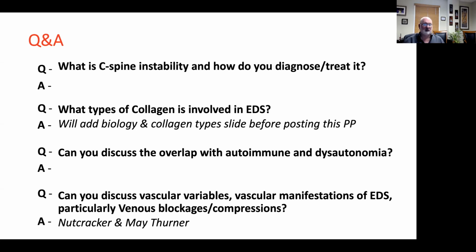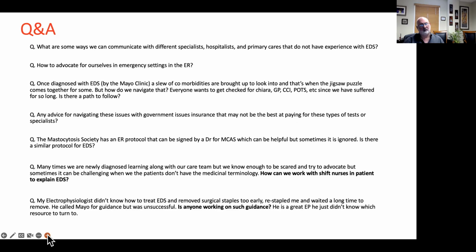And then May-Thurner is where there's a blockage of the iliac veins, mostly on the left side, and it also causes pelvic congestion and swelling in your left leg. It can happen on both sides, but mostly it happens on the left, and the slow venous return because of the obstruction can cause venous thrombosis.